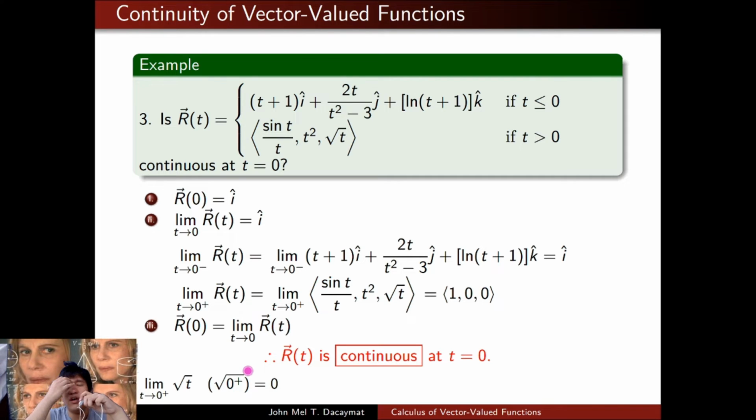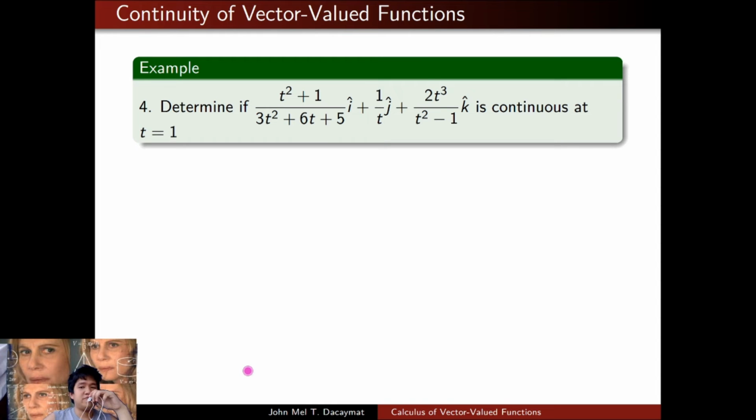Okay? Okay, good. Now, let's try this one. I think I have 3 more examples for continuity, but this one will be very quick. You'll see. First condition, we want to check pala if this vector valued function is continuous at 1. So we have to check first if r of 1 exists. Trying to replace all t with 1 here.